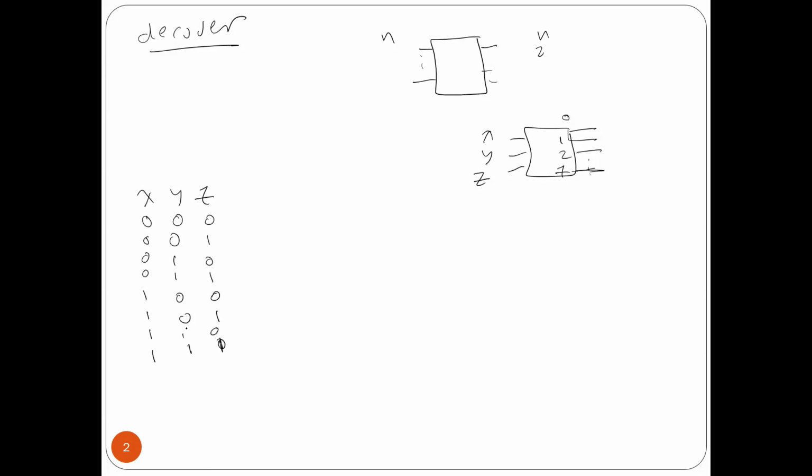Okay, these are all possible cases. Because this is number 0, so if this is the input, output 0 has to be 1. The line number 0 should be 1, and everyone else should be 0. So this can indicate the binary number at the input is 0, right?